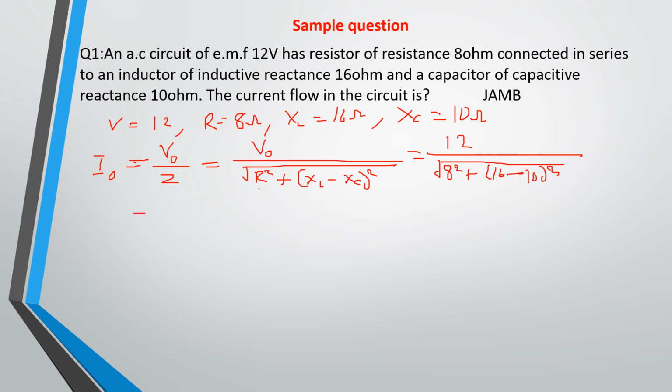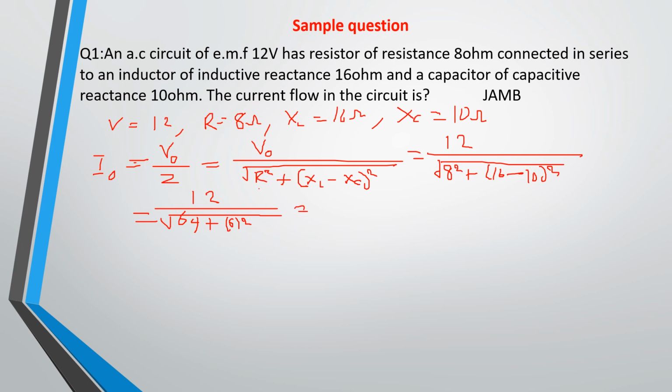So by the time you work this out, you are going to have 12 all over, there's still a square root here, please, 64 plus 16 minus 10 is 6. So you have 6 squared.